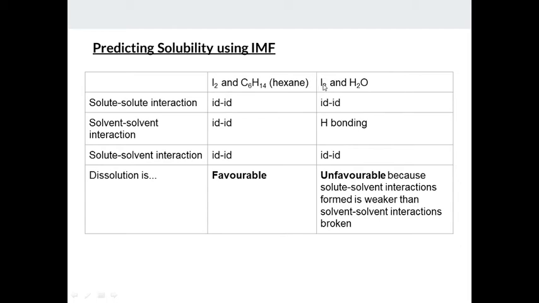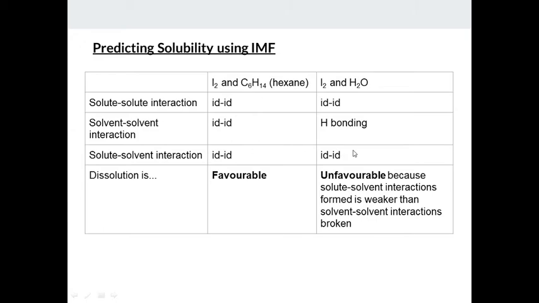However, when we dissolve iodine in water, we are overcoming ID-ID interactions between iodine molecules, disrupting hydrogen bonding between water molecules, and forming ID-ID interactions between iodine and water molecules.